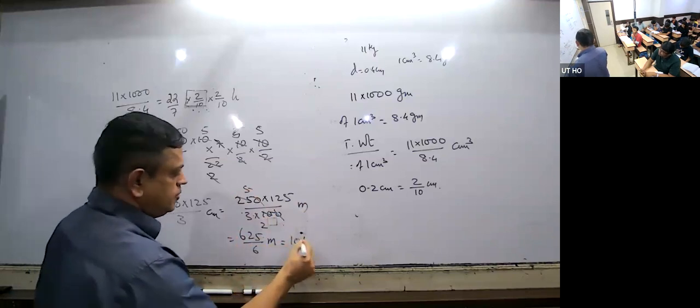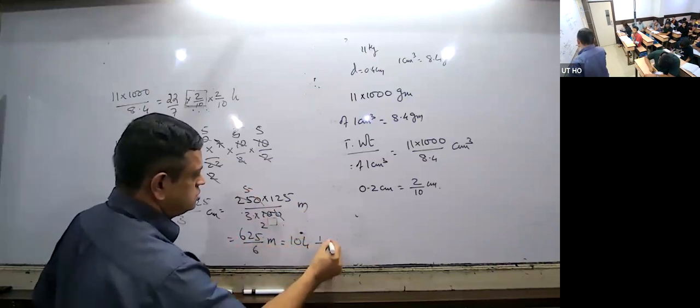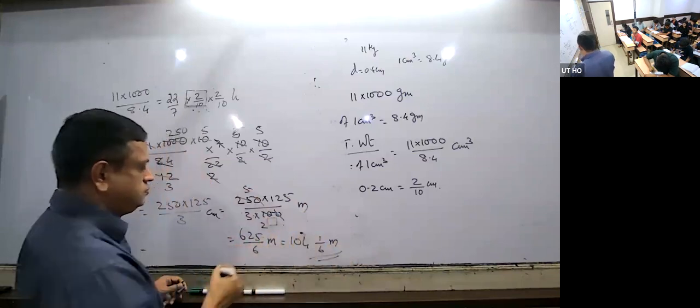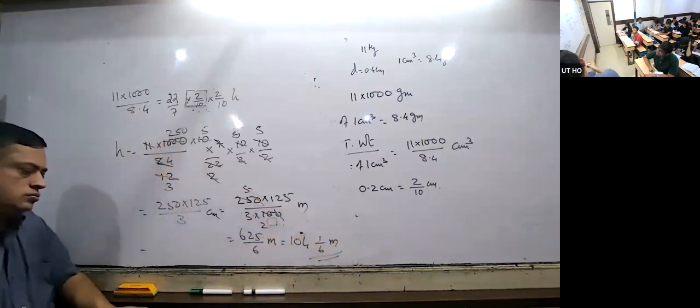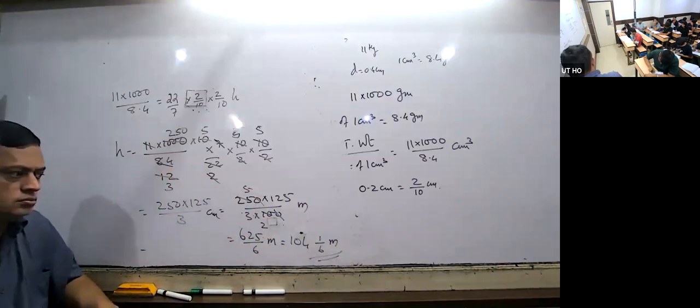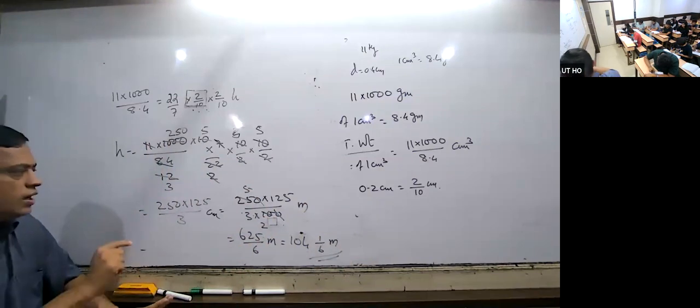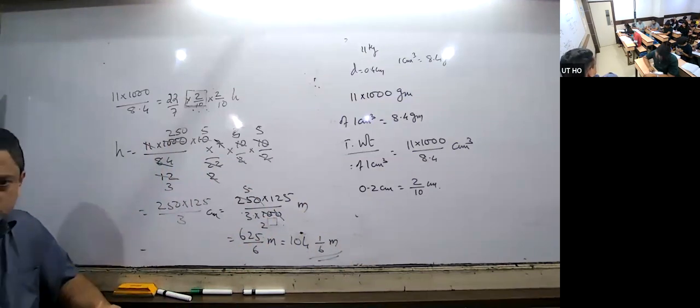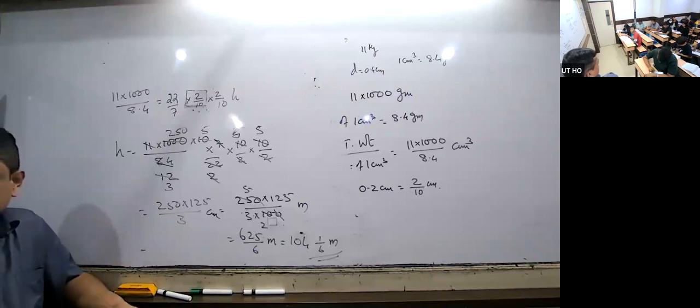Sir, I got 1 by 6. Check. Yes, sir. No calculation, nothing. I did not do even a single multiplication. Sir, I got 1416.6. Sir, I got 10416.6.